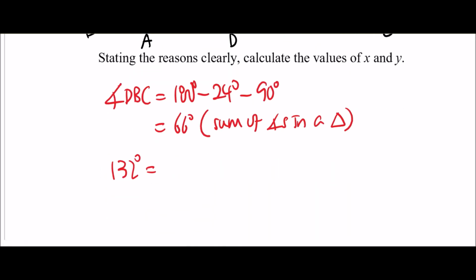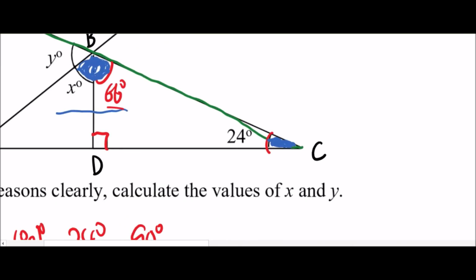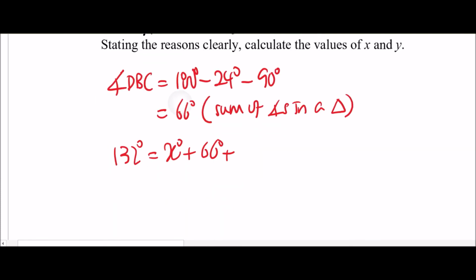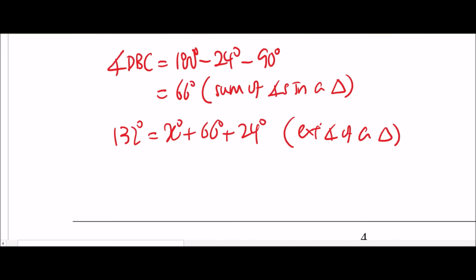So I'm going to add them up. X degrees plus 66 degrees plus, what's the other opposite angle? This guy here, 24 degrees. And the reason here is exterior angle of a triangle. So far so good. So immediately I'm able to find my X.